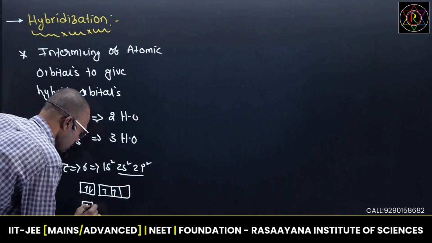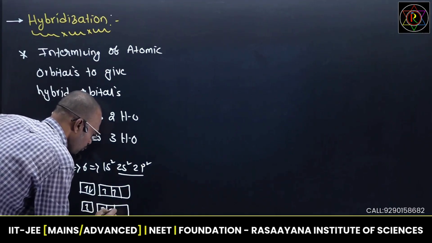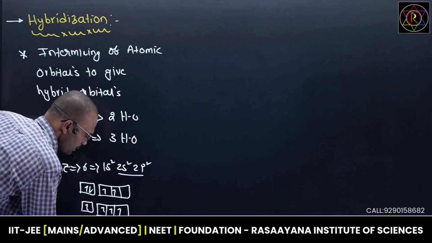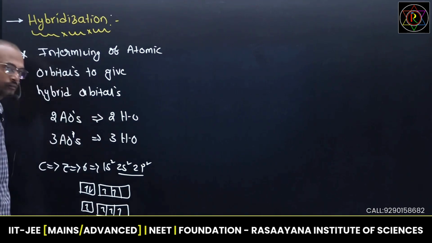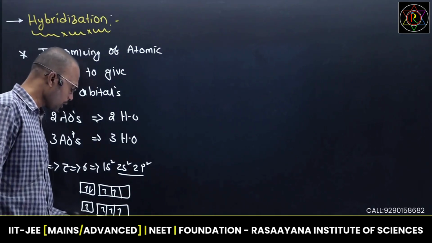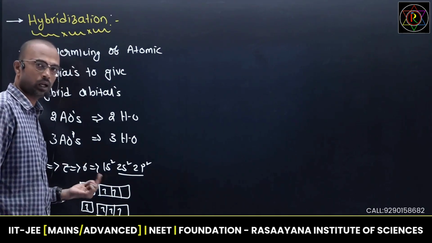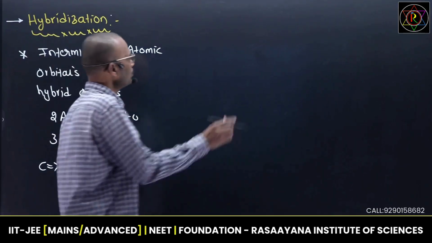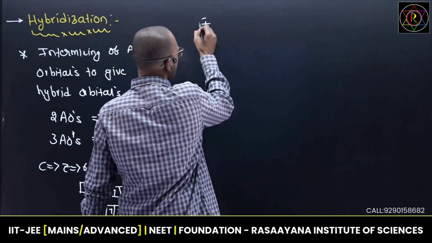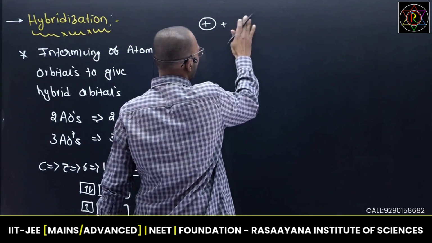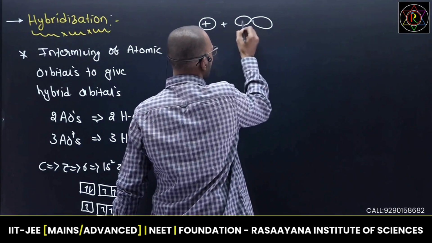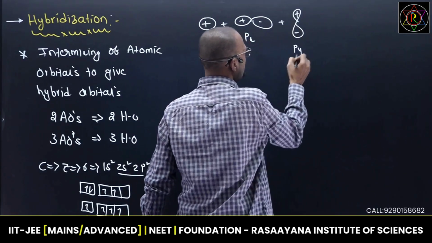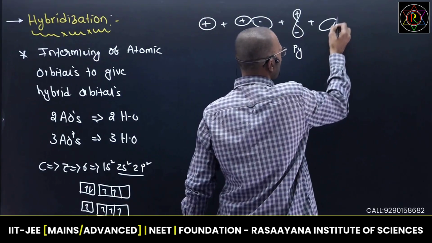If it is excited, you will get a total of 4 free electrons: one s atomic orbital, and p, px, py, and pz.